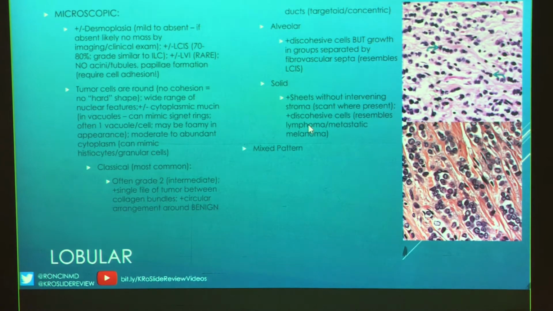Okay, most of the microscopy we went over already. You may or may not see desmoplasia, you may or may not see LCIS, and when you see LCIS, if you have a low grade invasive lobular, you would expect your LCIS to be classic type, low grade. If you have a widely pleomorphic invasive lobular, then I would expect to see pleomorphic LCIS. They kind of go hand in hand.